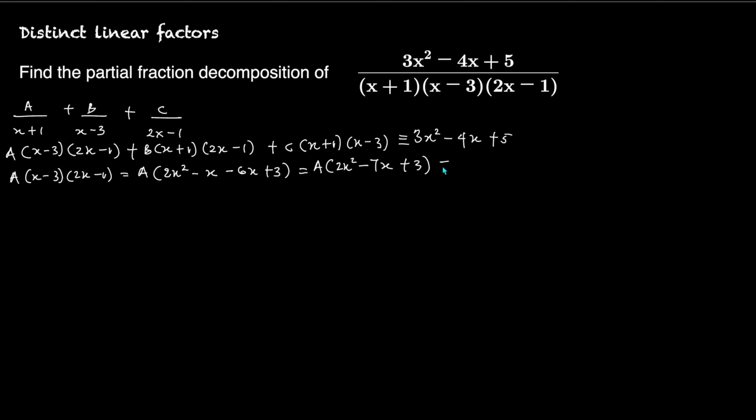So we're going to separate it this way as 2ax squared minus 7ax plus 3a.